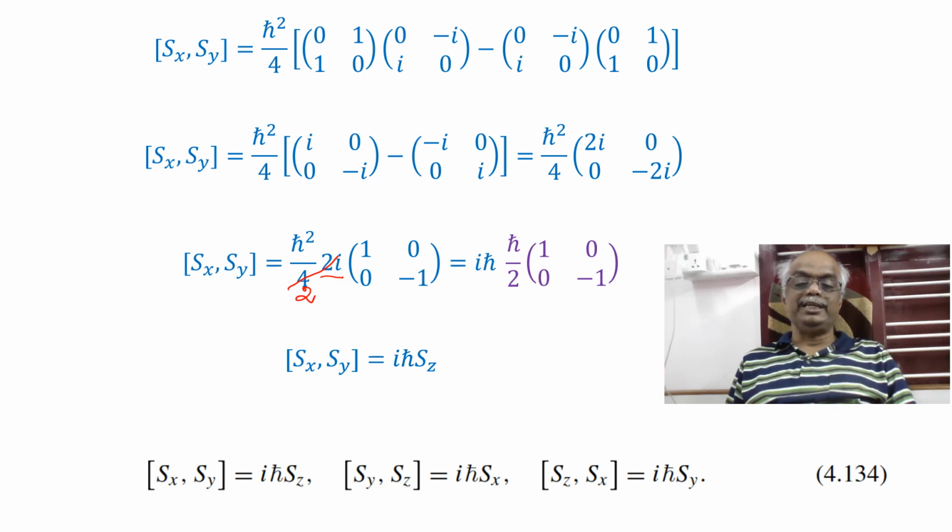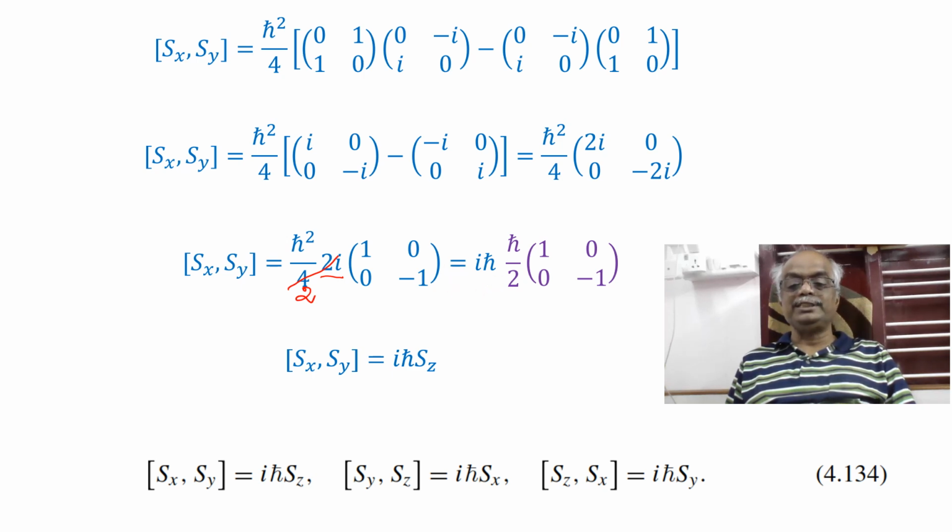So you can take i ħ squared. I am rewriting this i ħ squared as i ħ times ħ. Of course, you already have 1 over 2, I am taking that also. So i ħ squared over 2.